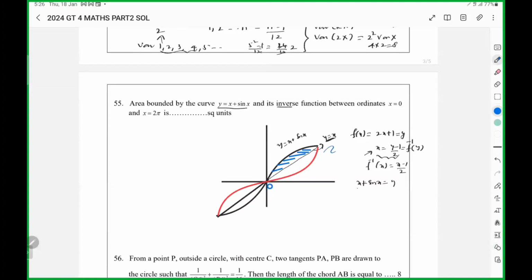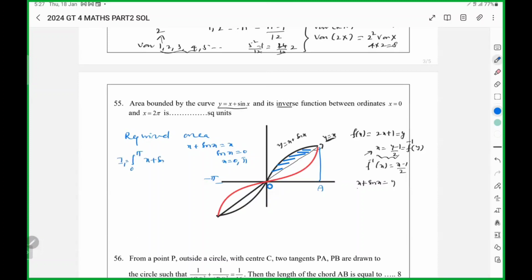Between O and A, required area, 0, where they intersect means sin x is 0, 0, pi, minus pi. First I will make it 0 to pi.